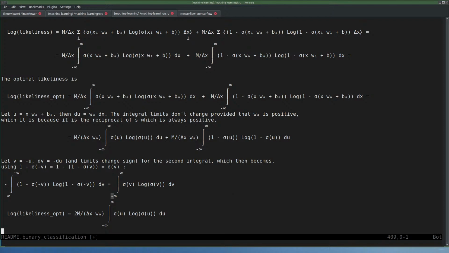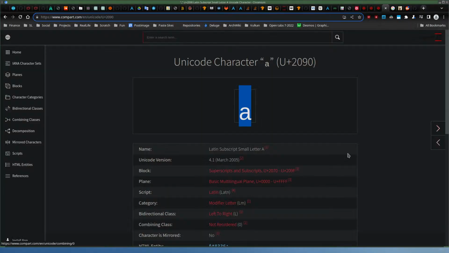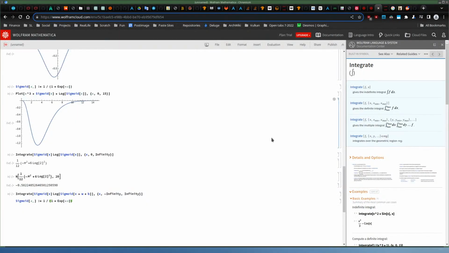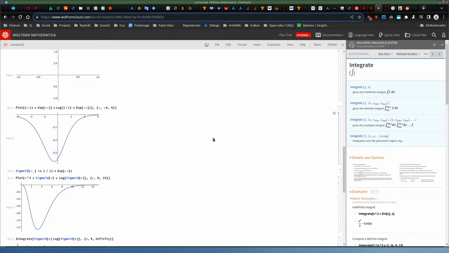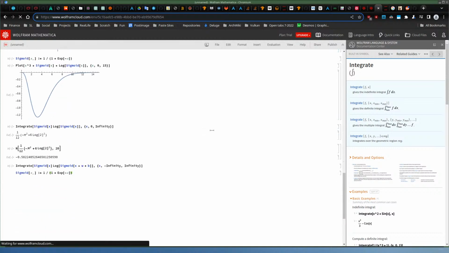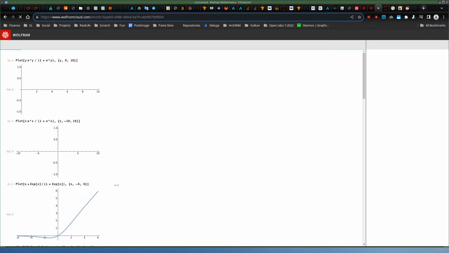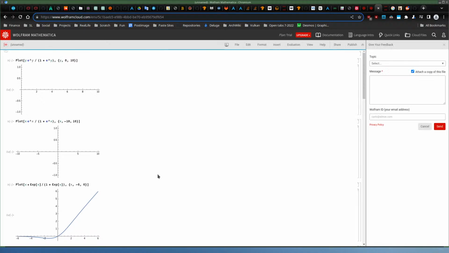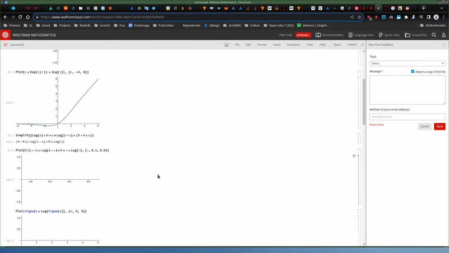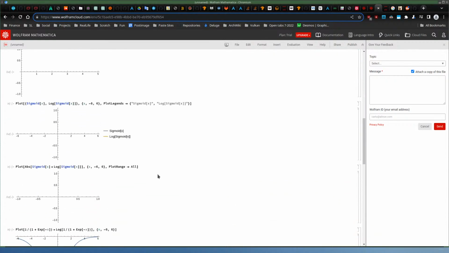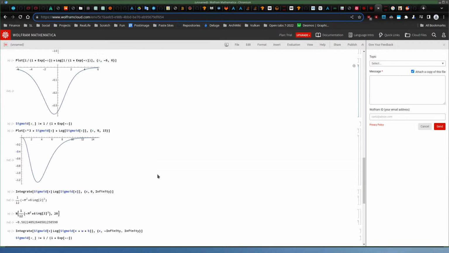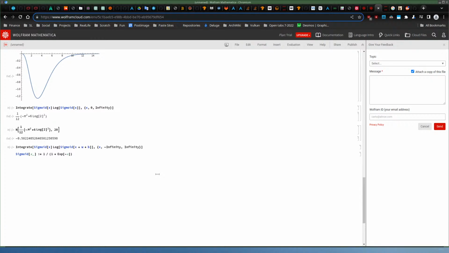I think I have it still like somewhere in... let me see, the integral. Plot, integral. That's from 0 to infinity.